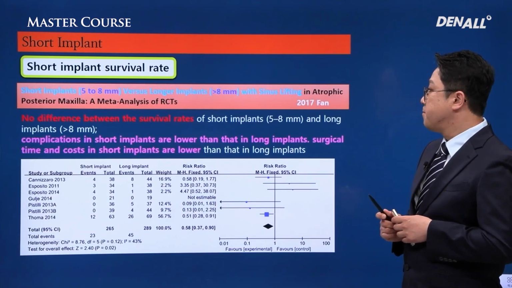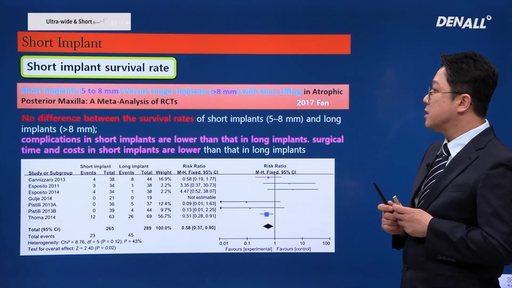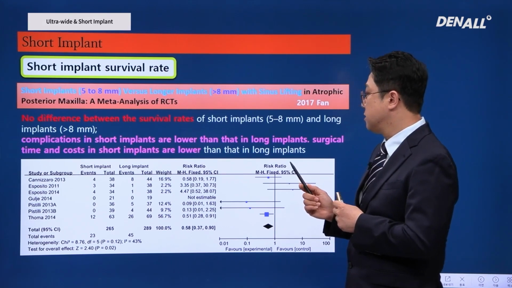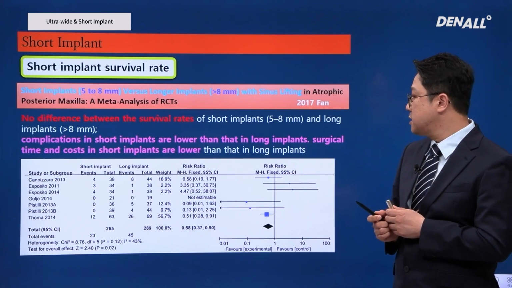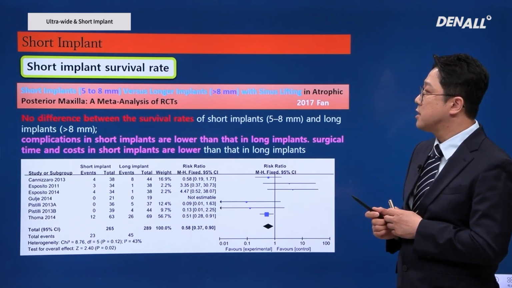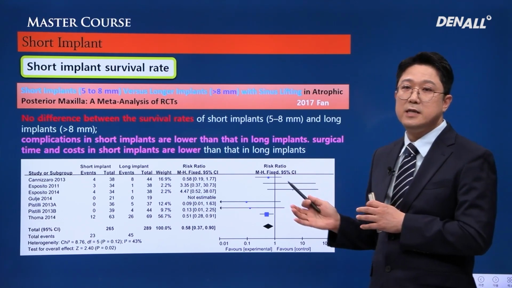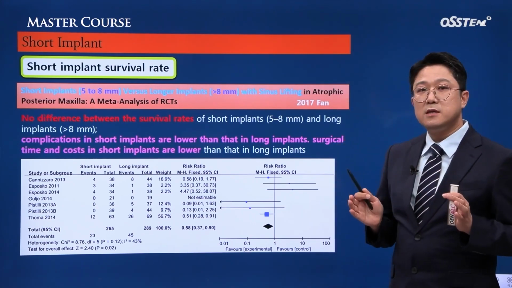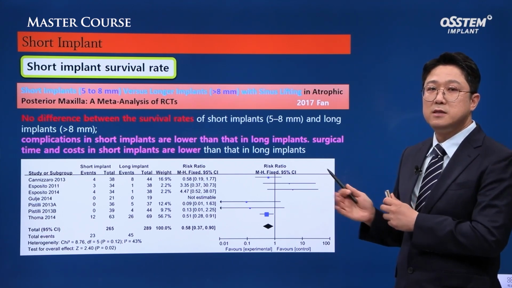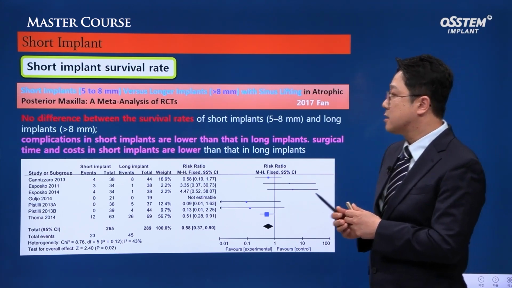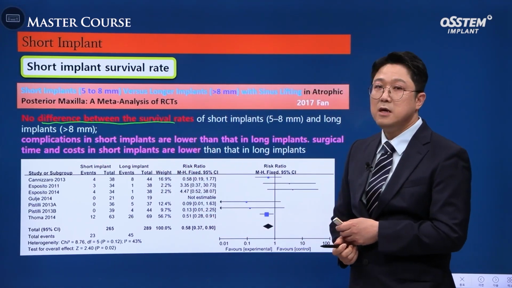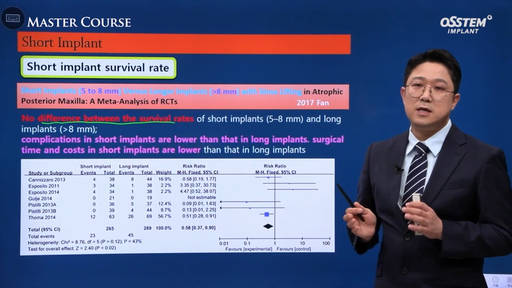There was a comparison in a study between short, standard, and long implants used in sinus, and the survival rates were compared. Just because it was short implant, the survival rate did not fall below standard implant. If you use a short implant appropriately, it could be a great implant treatment option.